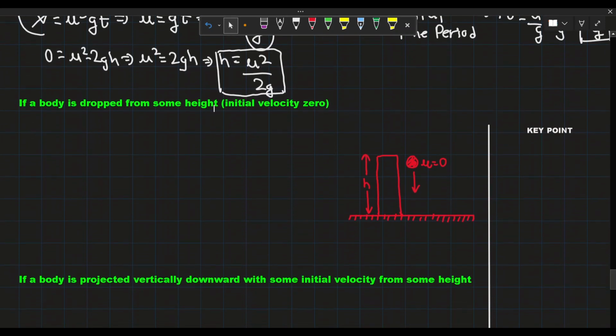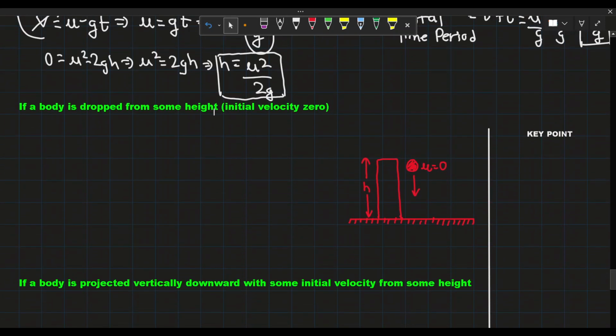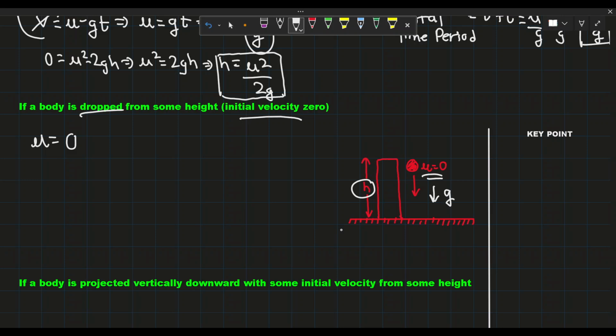Moving on to the next case, if a body is dropped from some height, which means your initial velocity is 0. As you can see here, it is being dropped from a height h. In this case, we all know u equals 0, and the direction of the motion is the same as that of your acceleration due to gravity, so it would be considered positive.